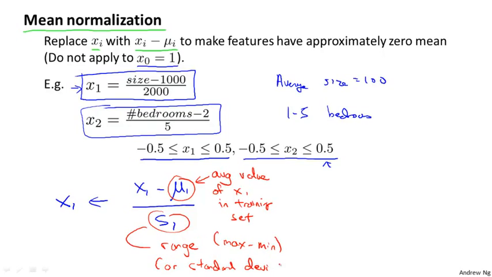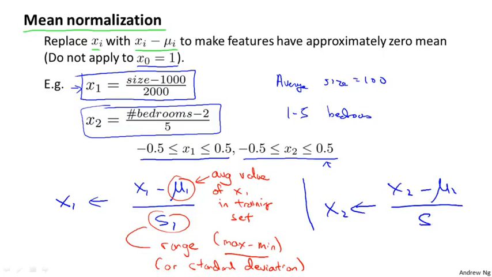And similarly for the second feature x2, you replace x2 by subtracting the mean of the feature and dividing by the range of values, meaning the max minus min. This sort of formula will get your features, maybe not exactly, but roughly into these sorts of ranges. And by the way, for those of you that are being super careful, technically, if we're taking the range as max minus min, this 5 here would actually become a 4.